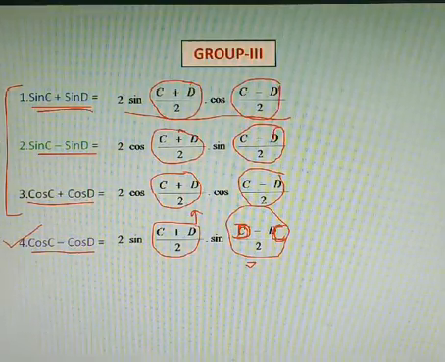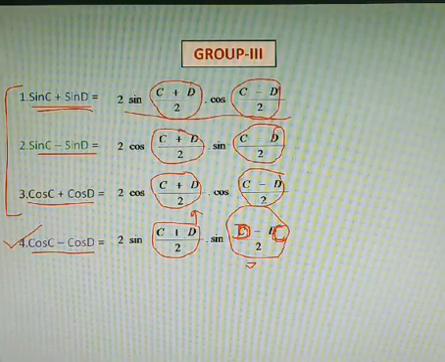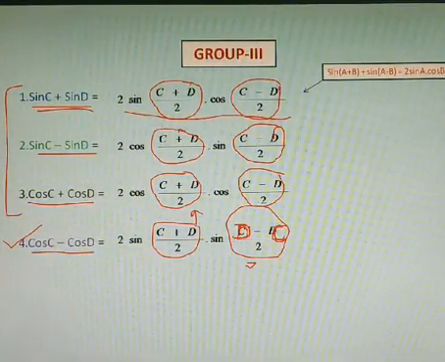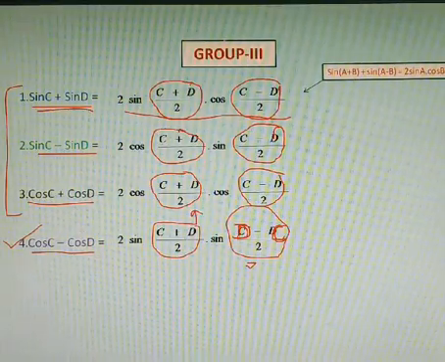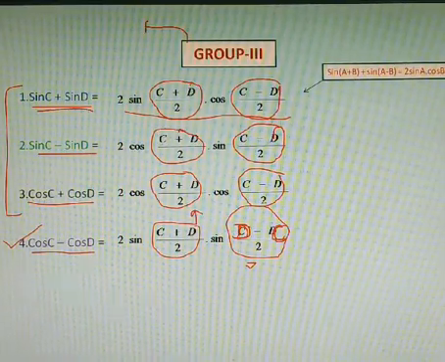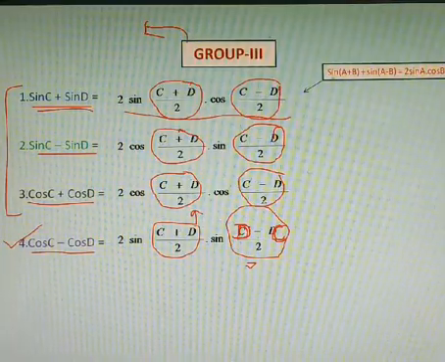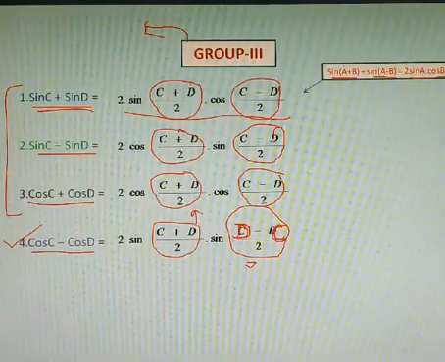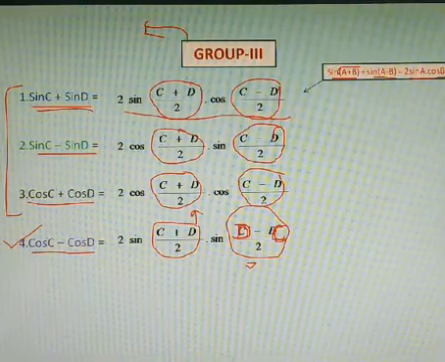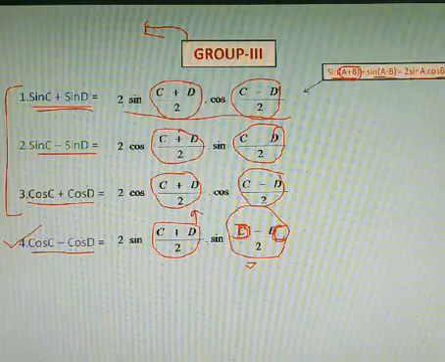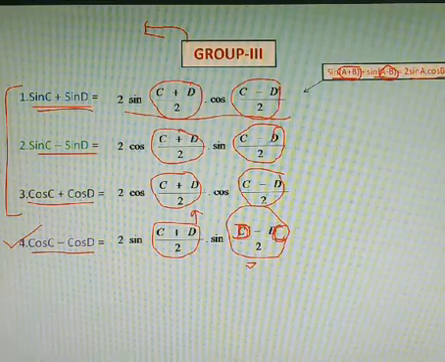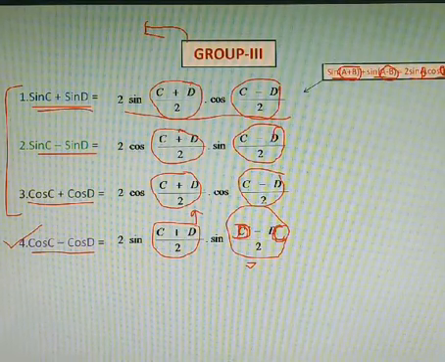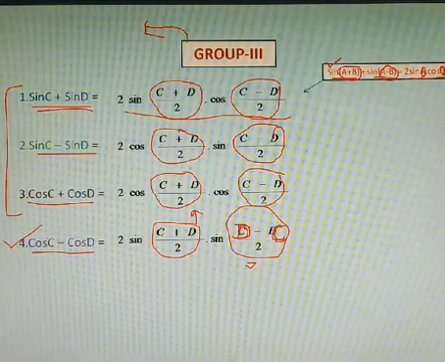Now there is one more trick that you should know. Like in the previous group, in group 2, you have studied that sine A plus B plus sine A minus B is equal to 2 sine A into sine B. Here we won't consider these angles, A plus B, A minus B, this A and this B. Simply we look upon the trigonometric ratio.